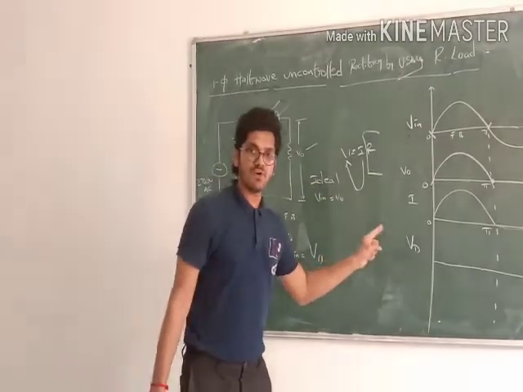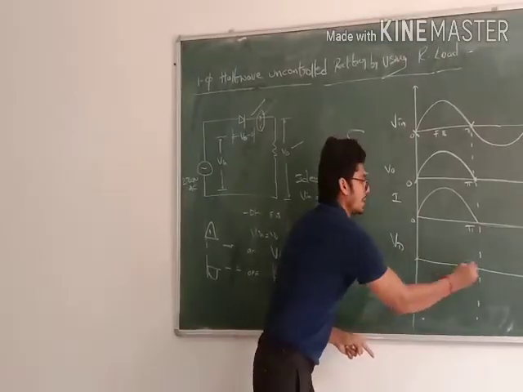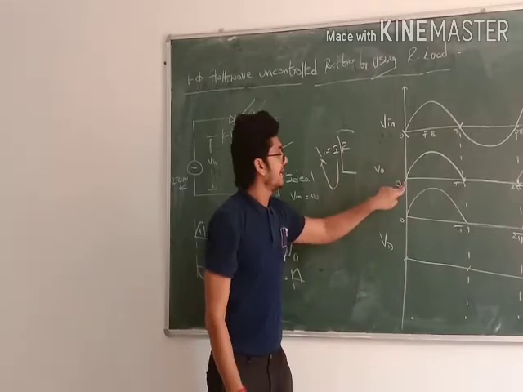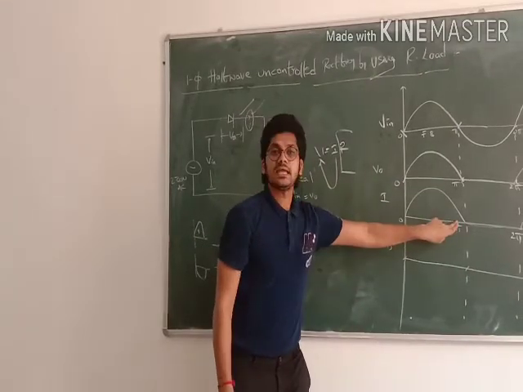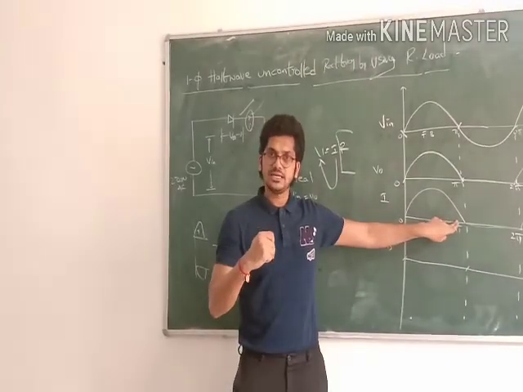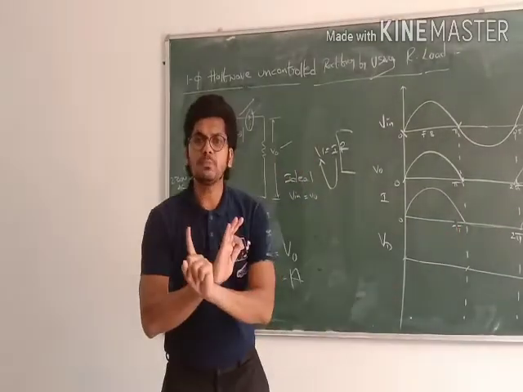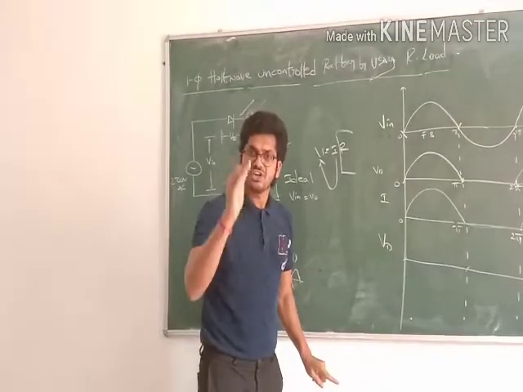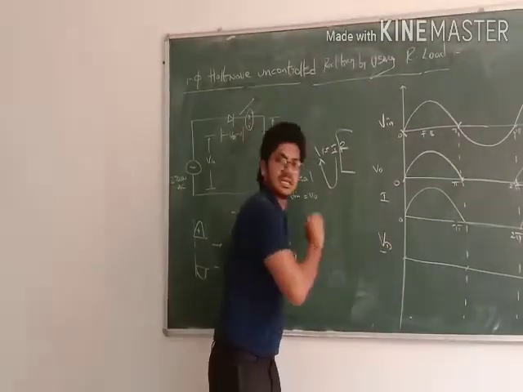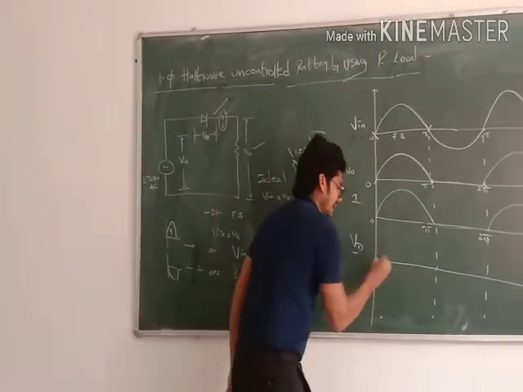If you see the waveform here, from this point to this point, my diode is in forward bias. According to our concept, if the diode is in forward bias, it cannot block any voltage. So in forward bias, the voltage across the diode from 0 to pi is 0.